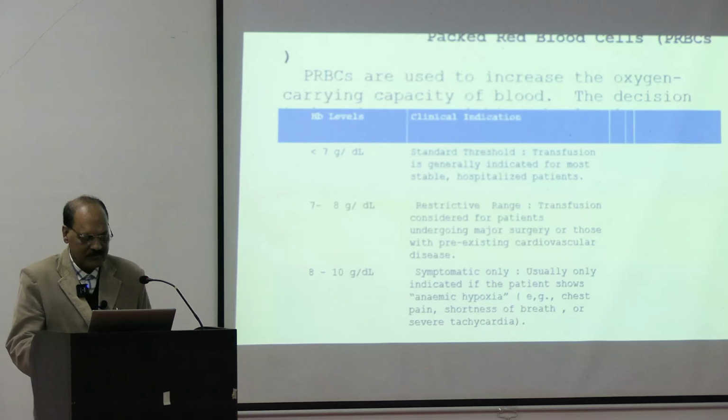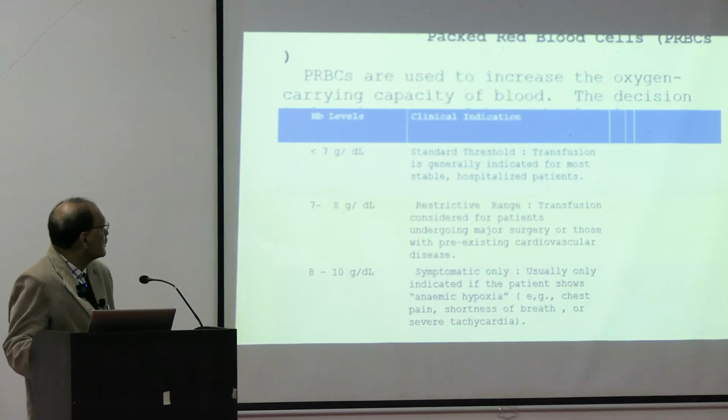We will be talking about packed red blood cells, that is PRBCs, used to increase the oxygen carrying capacity of the blood. The decision is based on the hemoglobin. When we transfuse the PRBC depends on the hemoglobin level.